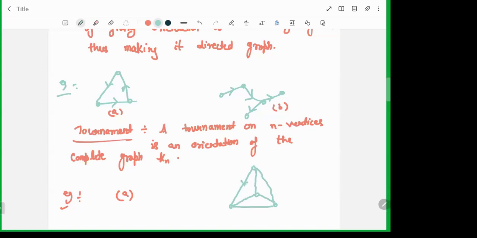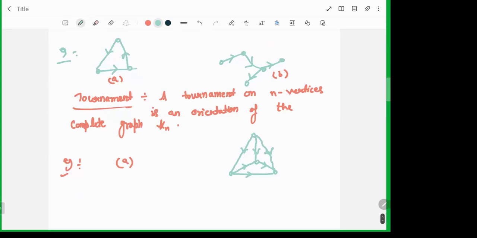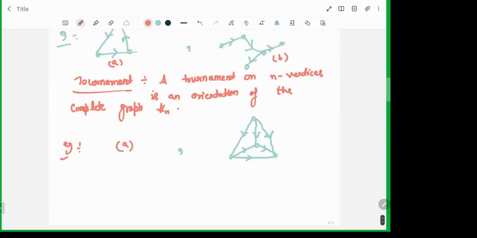This is another example of a tournament: a tournament on n vertices is an orientation of the complete graph Kn. And next, what do we need? We need the definition of a Hamiltonian path, right? So what is a Hamiltonian path?